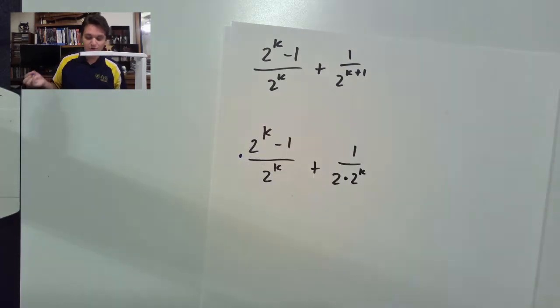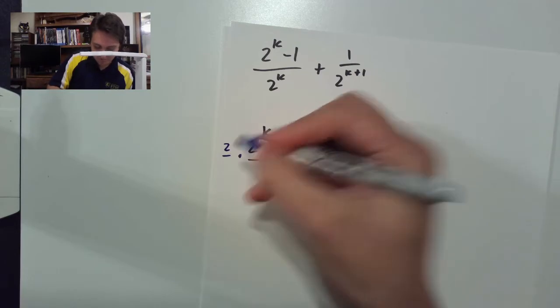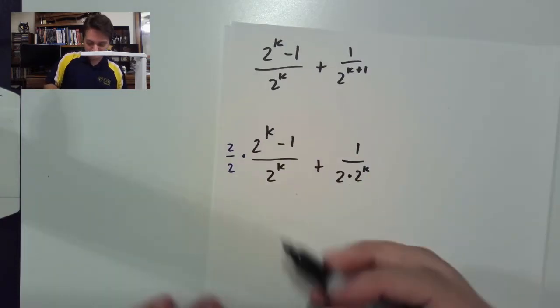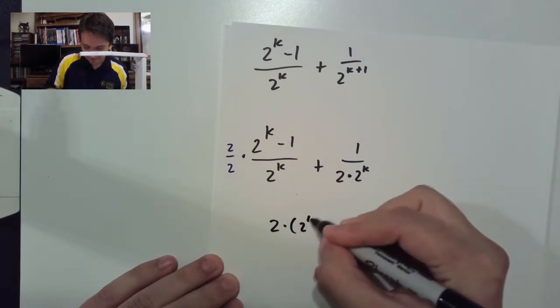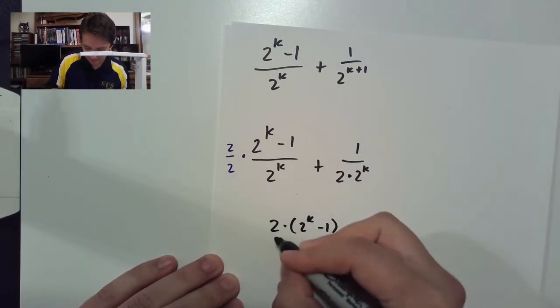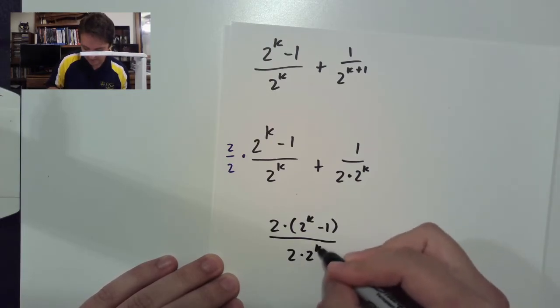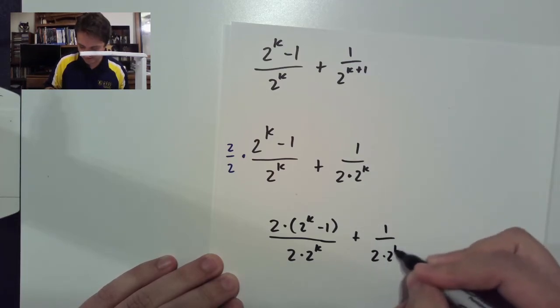At this point, we should know how to multiply by 1. Multiplying by 1 doesn't change anything. Hopefully we can see that 2 over 2 is equal to 1 because any number divided by itself is equal to 1. So if we multiply by this funny looking version of 1, we get 2 times (2^k - 1) all over 2 times 2^k, plus 1 over 2 times 2^k.